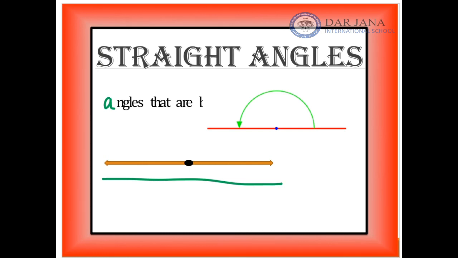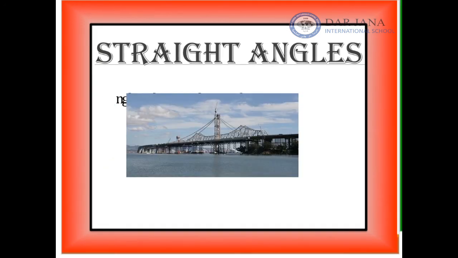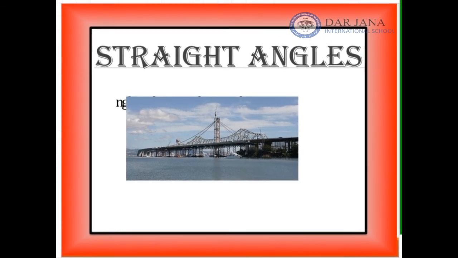And from just looking at it, you're going to see that it is a straight line. This is the angle. Okay, so here is a real life example, the bridge, that forms a straight line, and this is the angle.